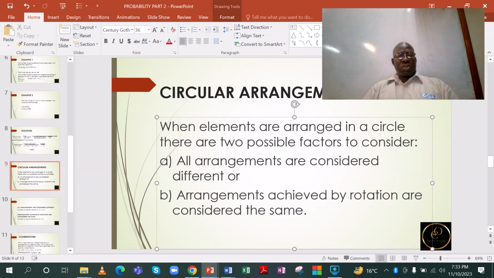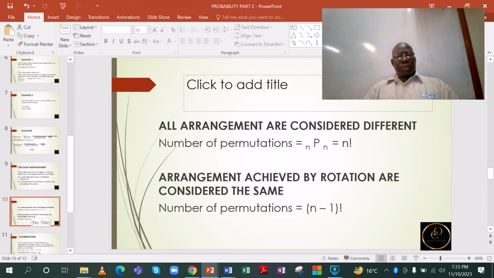So let's look at what happens in this particular case. We have all arrangements considered different. When all arrangements are considered different, this is how you find the number of arrangements. You just look at the permutation, because all arrangements are considered different. So you determine the permutation in this manner: n factorial.